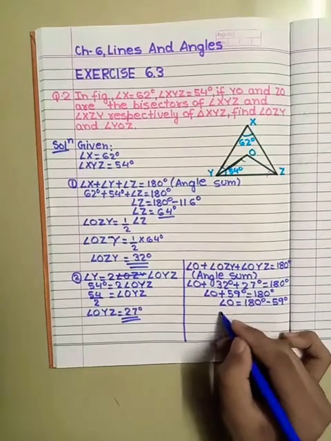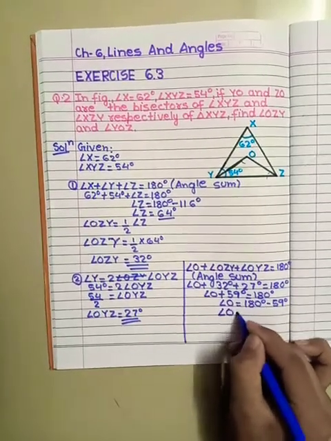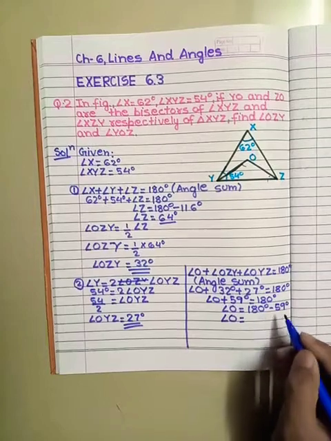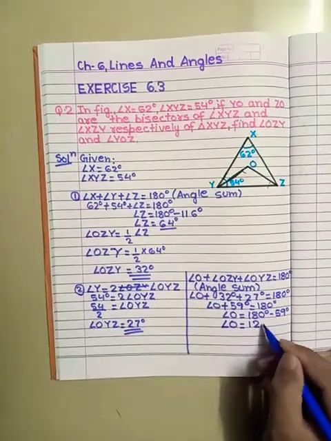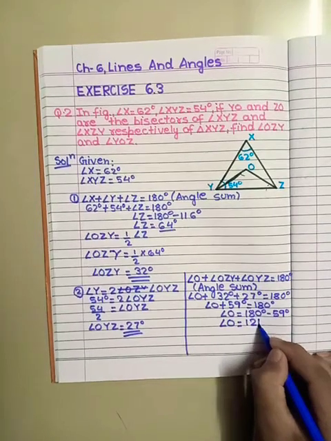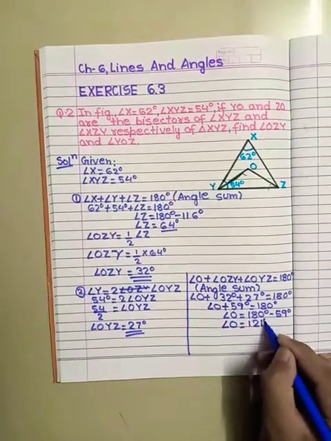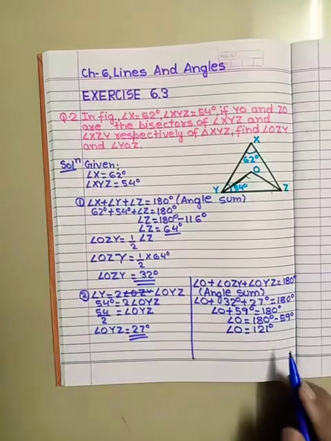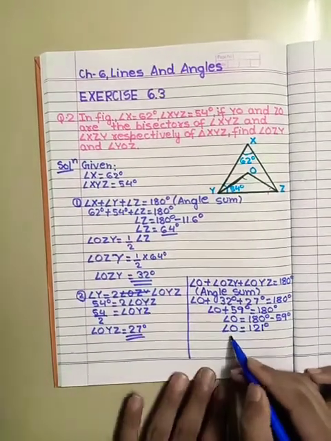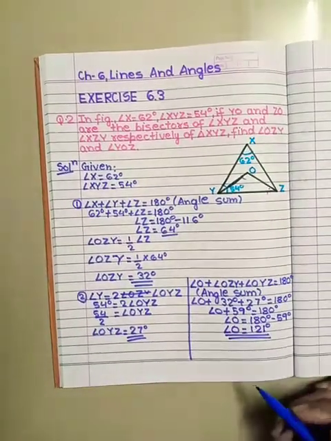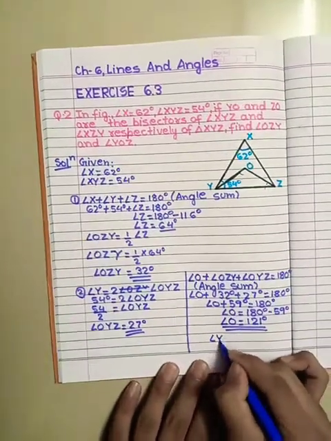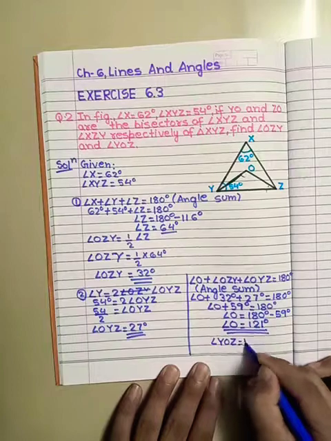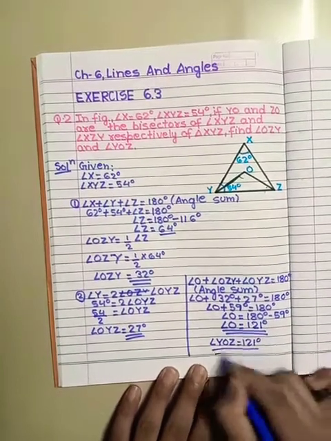Now we came to the conclusion that angle O is equal to 121 degrees. So in this way we have found that angle O is equal to 121 degrees, or you can write it as angle YOZ is equal to 121 degrees.